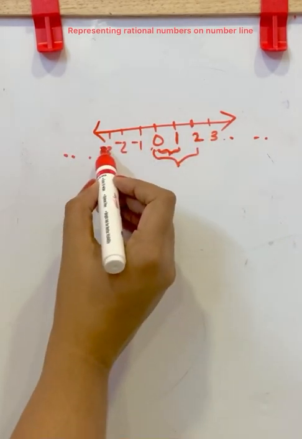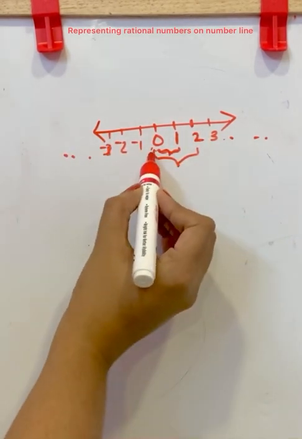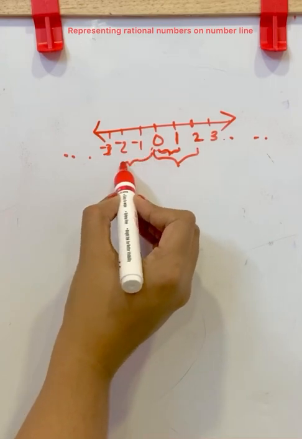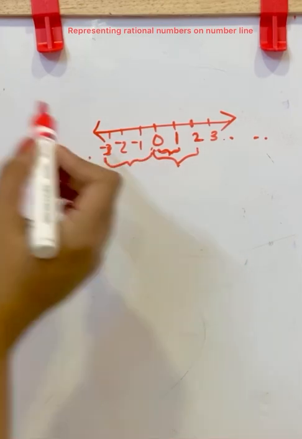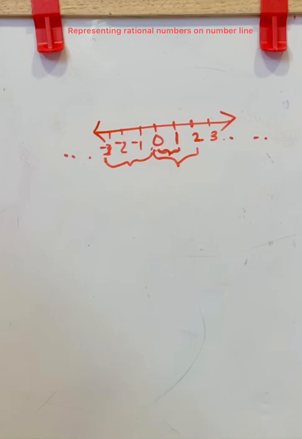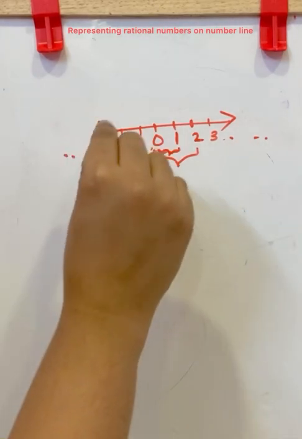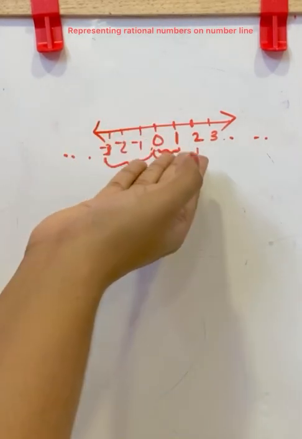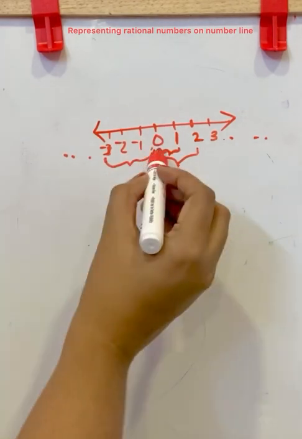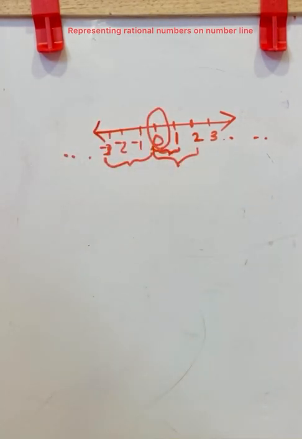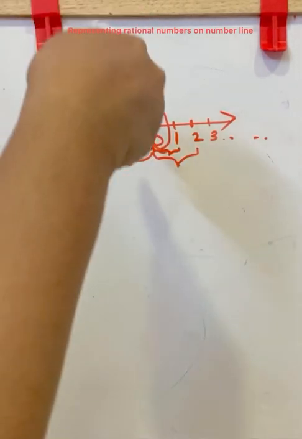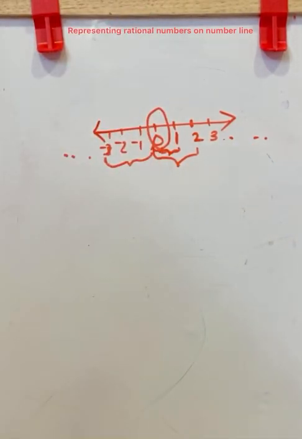Now, this negative 3, that is the distance from 0 to this point is negative 3. So, in a number line, each value represents the distance from this middle 0. 0 is the middle in the number line and all the other values are distances from this 0.